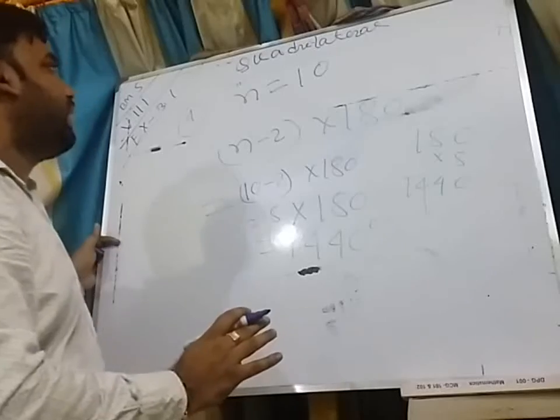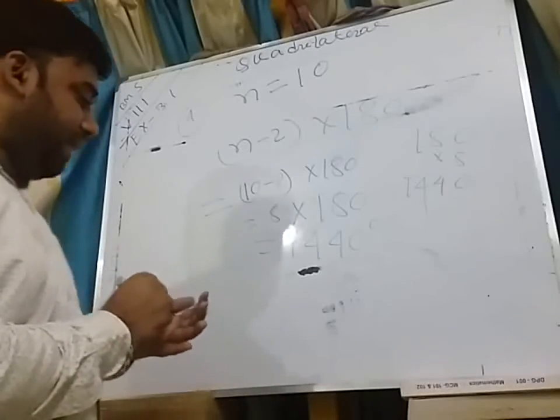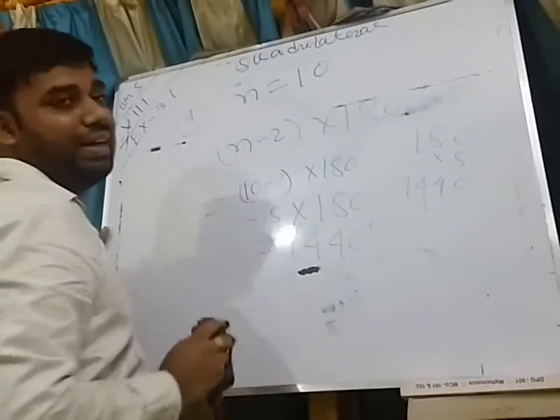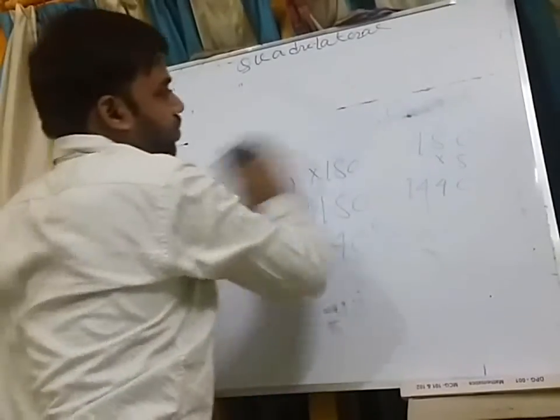That is the sum of the interior angles for n equal to 10. N equal to 10 means that the polygon is called a decagon.